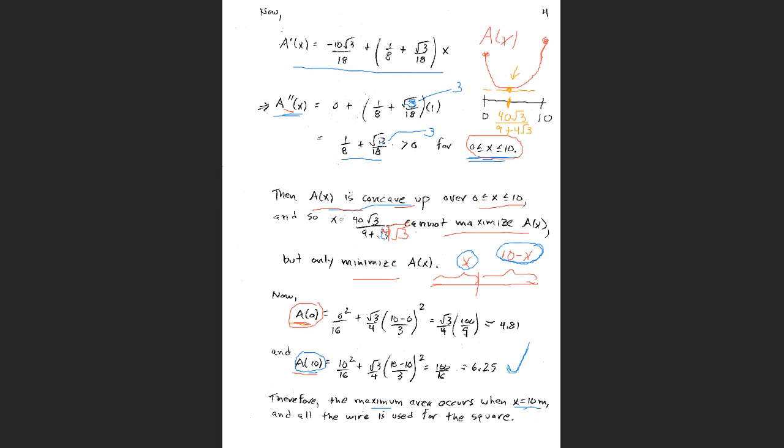Ian says a circle of 10 meters will have 7.96 square meters of area. Well, that's right, Ian. But what we're doing here is we're either going to make a square, or an equilateral triangle, or a square and an equilateral triangle. We have 3 options, and the option that maximizes the area is to just make the square out of the wire.